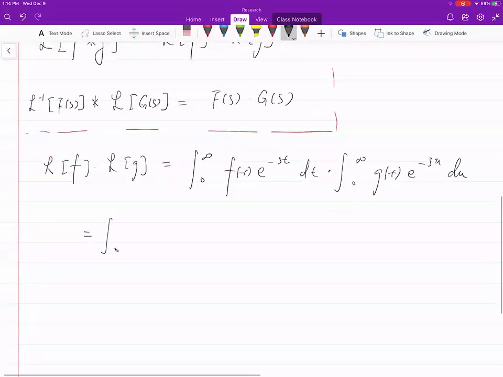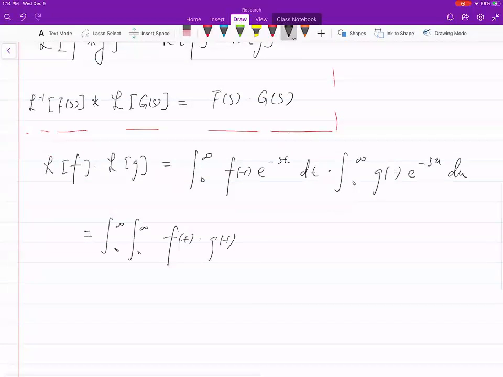After that, what we did was we combined these 2. We have f(t) times g(u), times e to the negative s(t plus u), du dt. Let's do dt du.